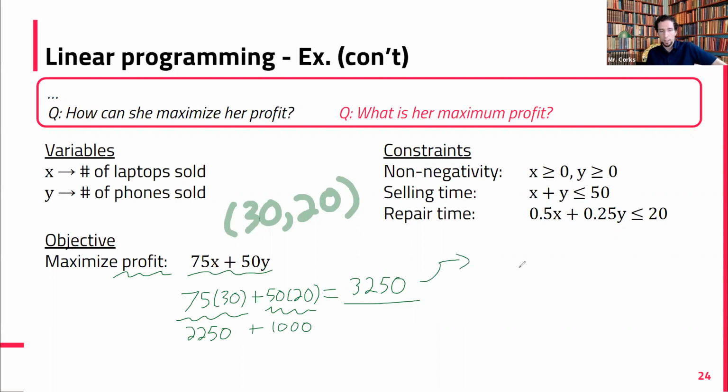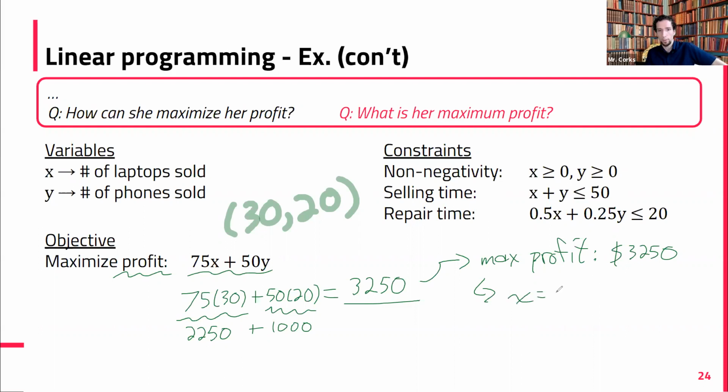So there is our solution. Maximum profit is going to be $3,250. And if you're doing this analysis for this student, okay, that's nice, I can earn that much money, but how do I do it?